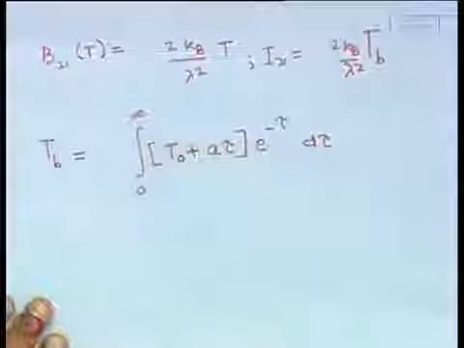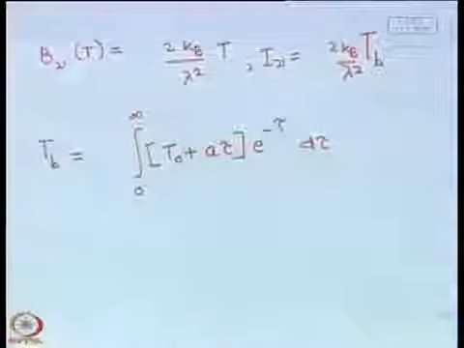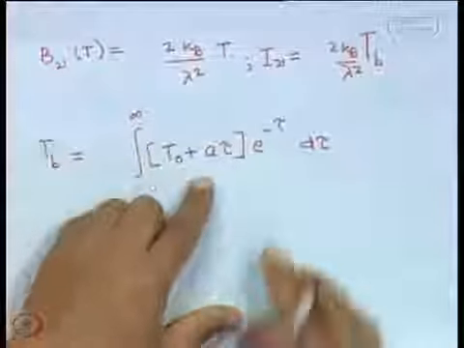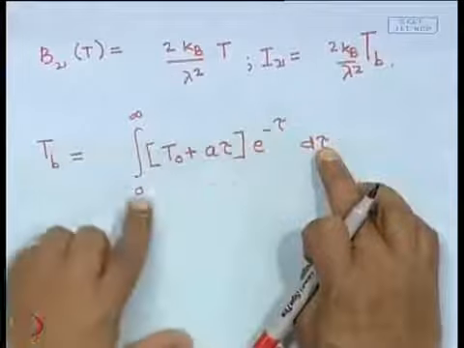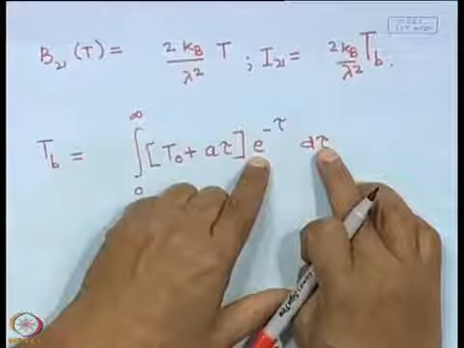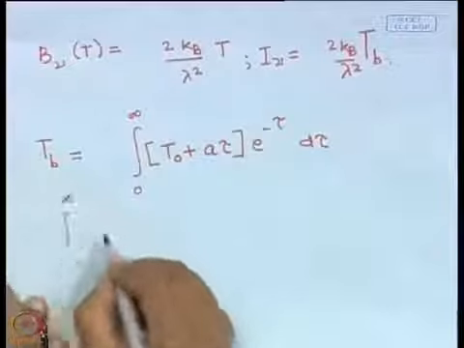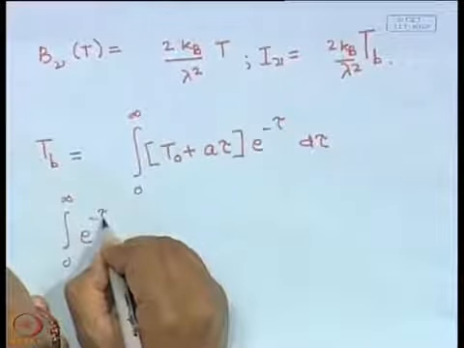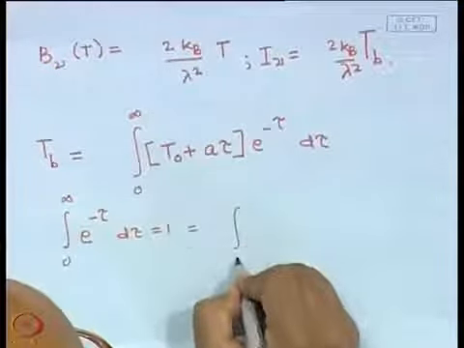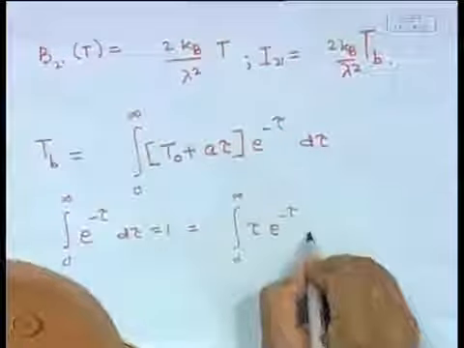Okay. So we have to do these integrals, and both of these integrals we can easily check, they give you a value 1. So you have to integrate e to the power minus tau d tau from 0 to infinity, and this has a value 1, and also the integral from 0 to infinity of tau e to the power minus tau d tau.